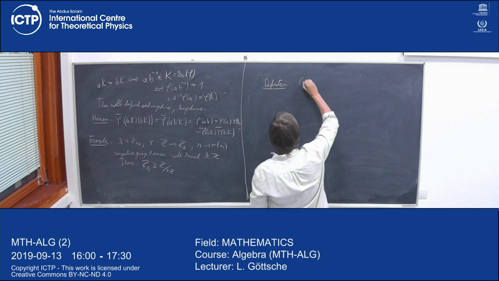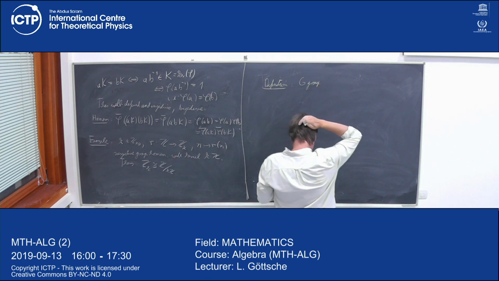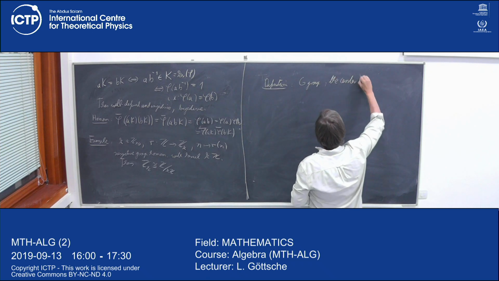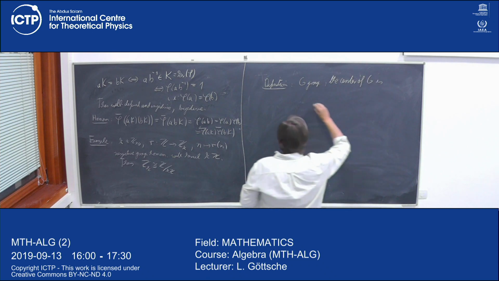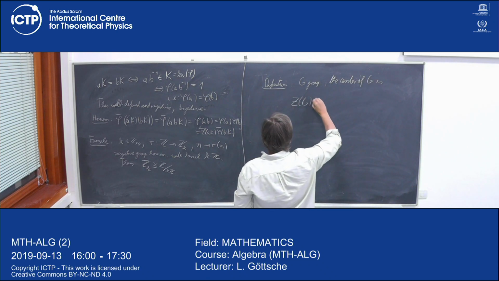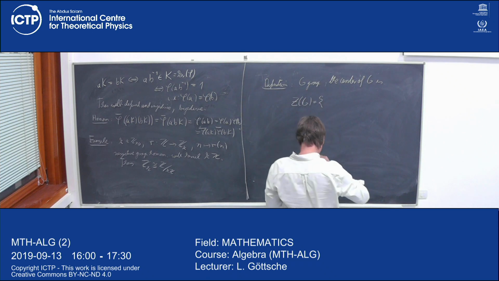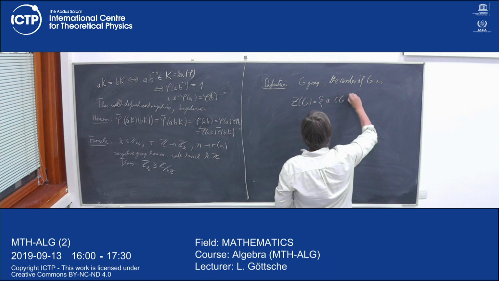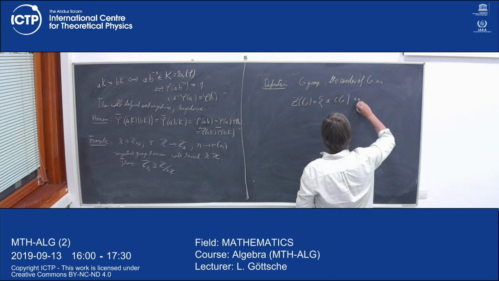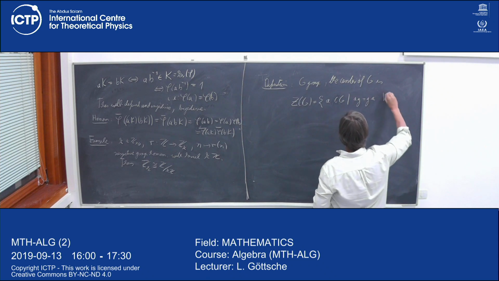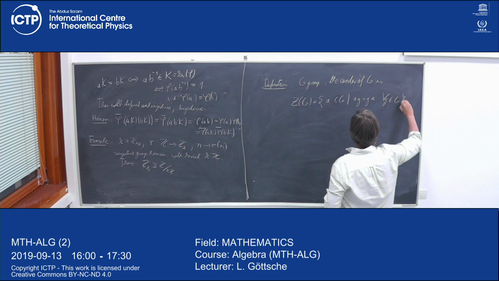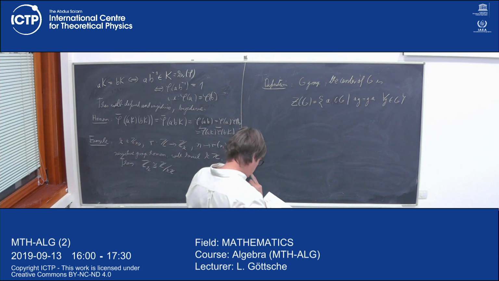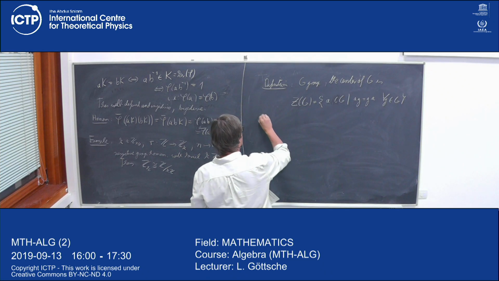So G a group, the center of G is the set of all A in G such that AG is equal to GA for all G in G. So the elements which commute with all other elements. And this is a normal subgroup.